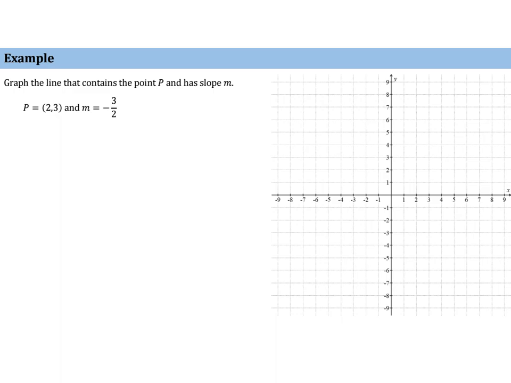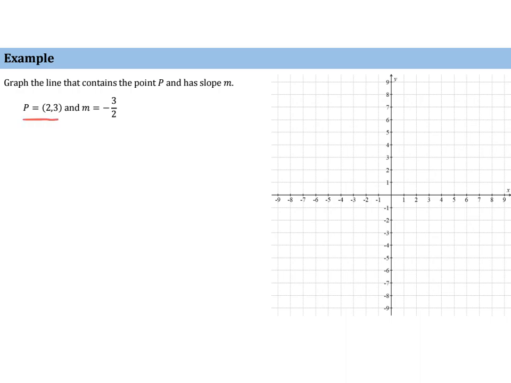So here we are given a point (2, 3), and we're given a slope of -3/2. So you can think of slope as the directions, how far up, how far over. Here we first have to have a starting point.